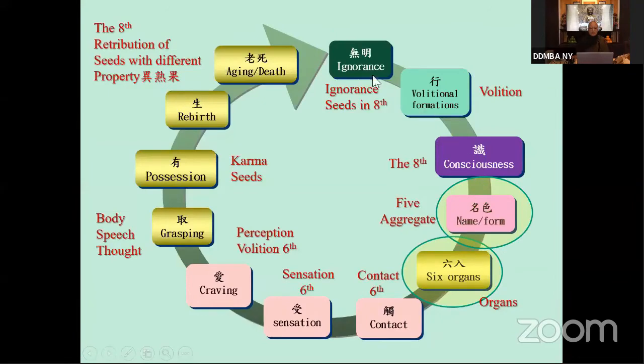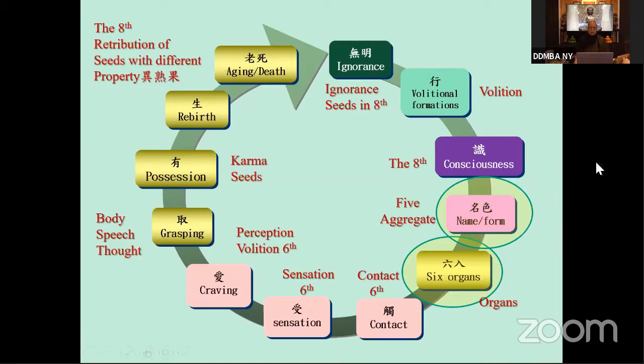And this is like the 12 links of dependent origination: once the consciousness, in purple color, enters into the embryo, it starts to develop name and form. It starts to initiate our mind and body, the material world and the spiritual world. Further, this will develop our whole body, the 6 organs.